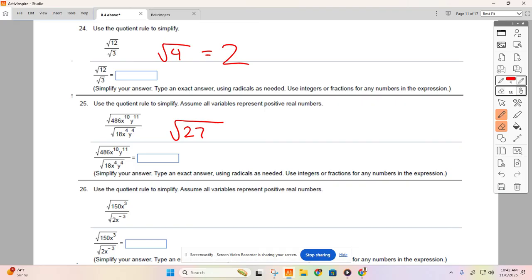When you divide the common base, you subtract the exponents. X to the 10th divided by x to the 4th, I subtract 10 minus 4 and get a 6. Y to the 11th, I really can't see. That glare is just too bad. 7. And it's divided by y to the 4th, so I subtract and I get y to the 7th.